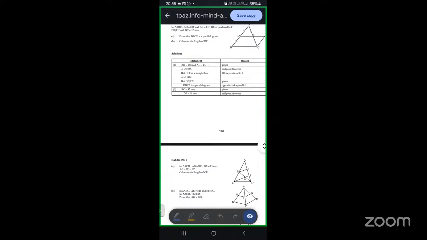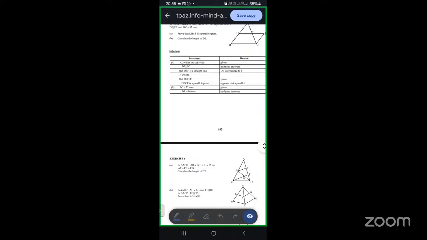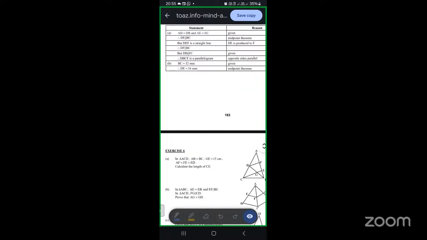number A, they are saying triangle ACD. ACD. Oh, that's our triangle right here. This one.